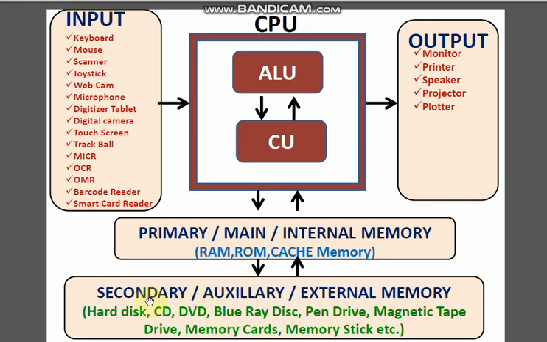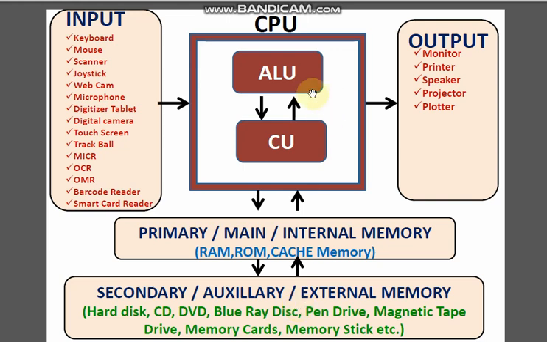And then we also store our data in secondary memory or external memory or auxiliary memory. What are they? For example, hard disk, CD, DVD, Blu-ray disc, pen drive, magnetic tape drive, memory cards, memory stick, etc. All these come under secondary devices or secondary memory or auxiliary memory, or we can say external memory.